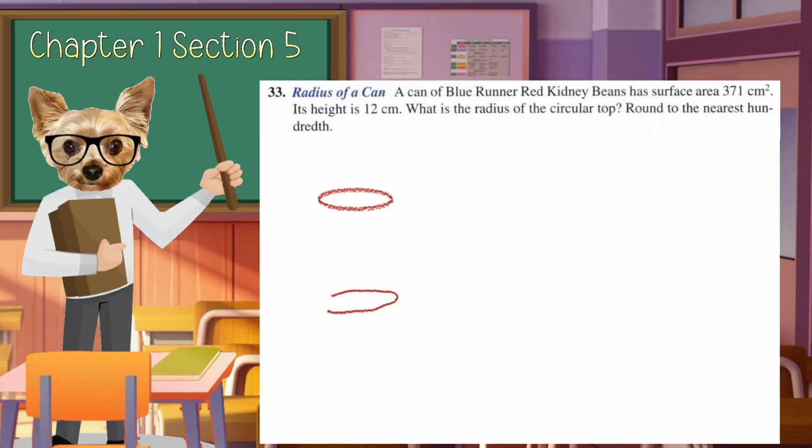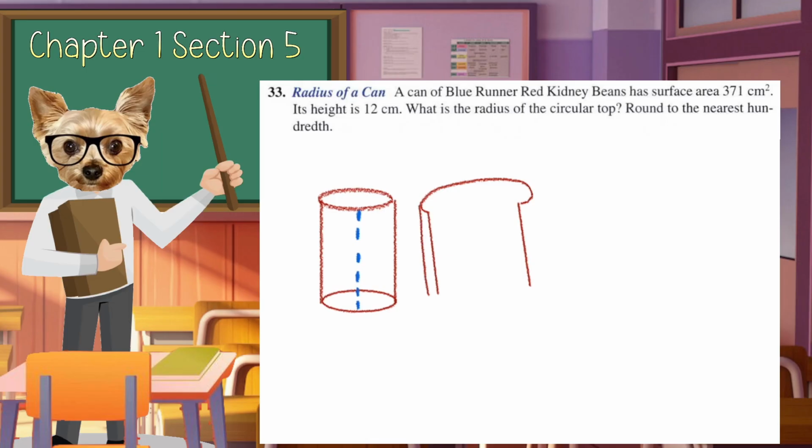So a cylinder, we recognize often to be two circles and what we call the lateral area. If we were to come along and cut that lateral area down there and then unravel this can, I'm just going to draw a bit of a rendering here.